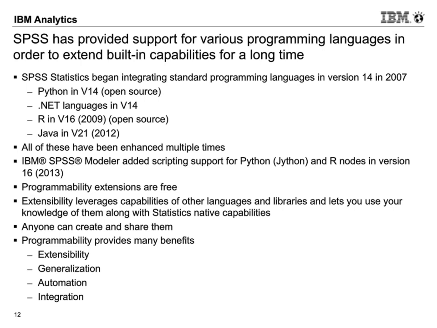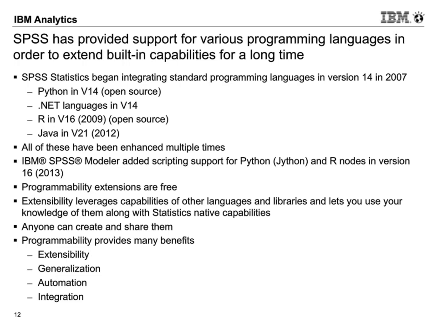Now, the SPSS Modeler product has caught on to this trend, and they added support in their scripting language for Python in version 16, 2 years ago. They actually use Jython because their front end is written in Java, and that works for them. But they also added the support for R nodes in that version.